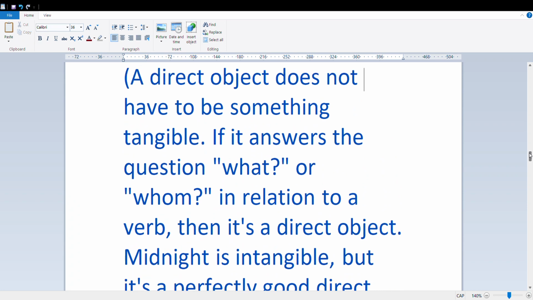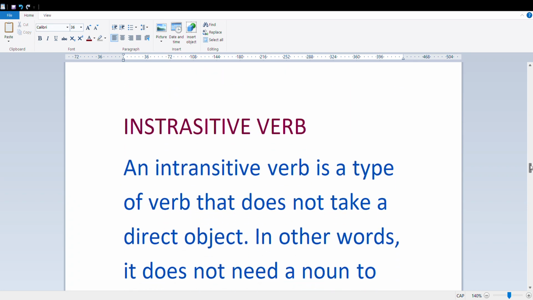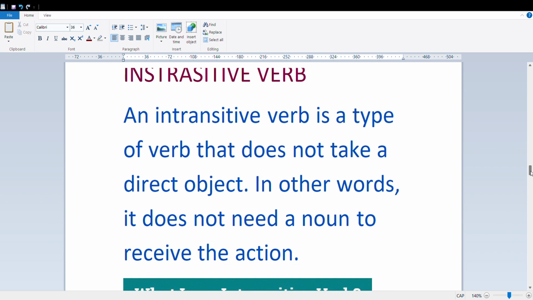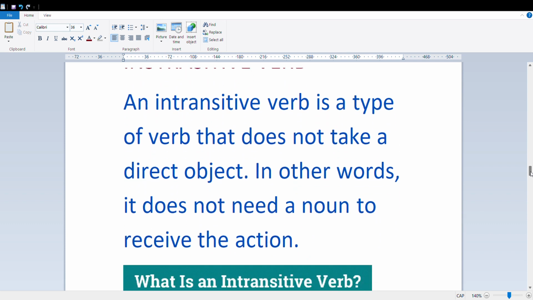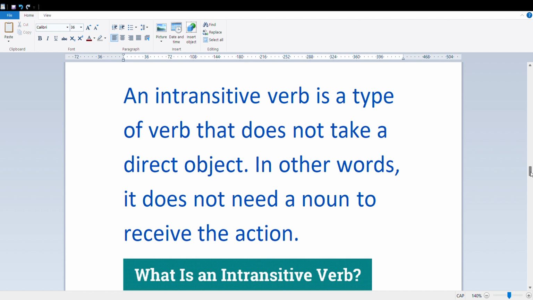Okay. Let's move further. That is intransitive verb. What is an intransitive verb? An intransitive verb is a type of verb that does not take a direct object. In other words, it does not need a noun to receive the action.